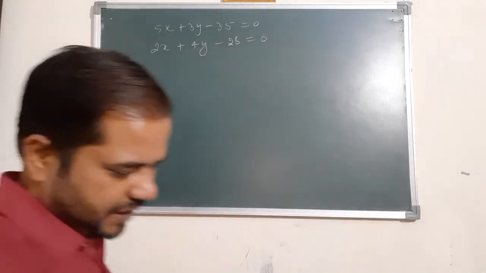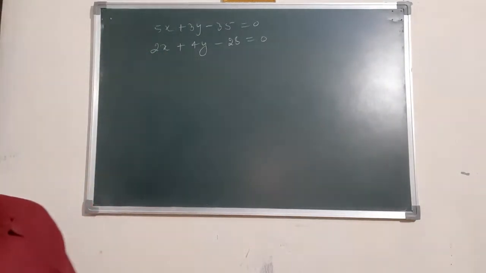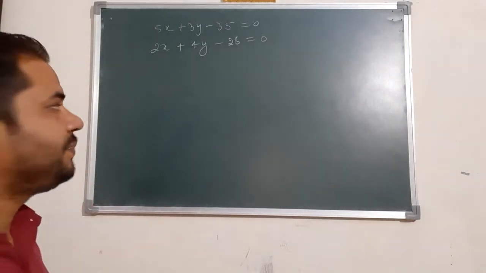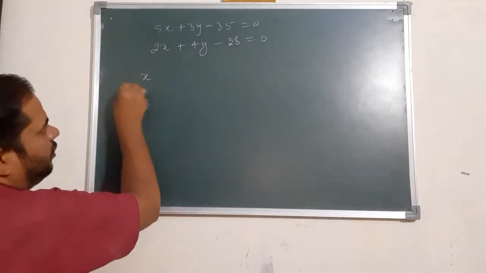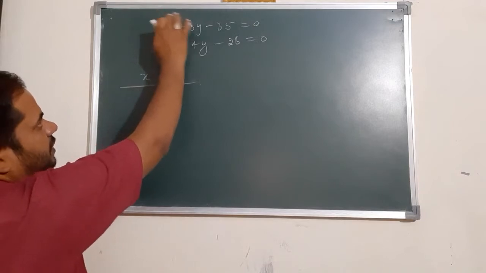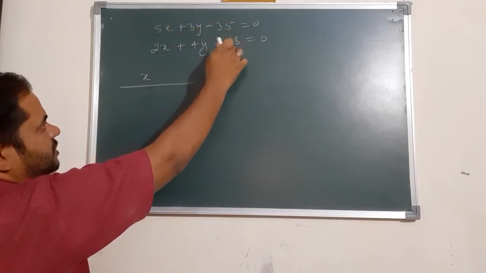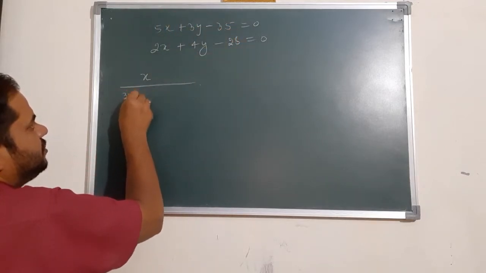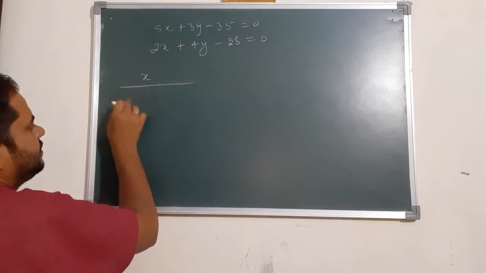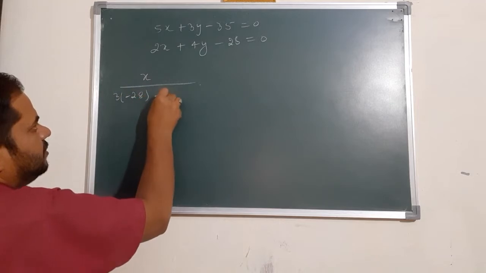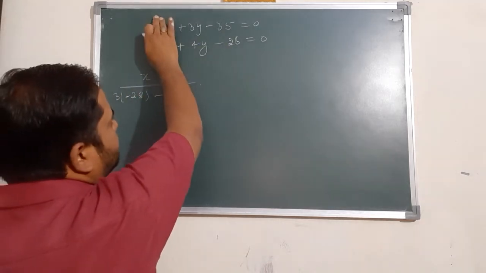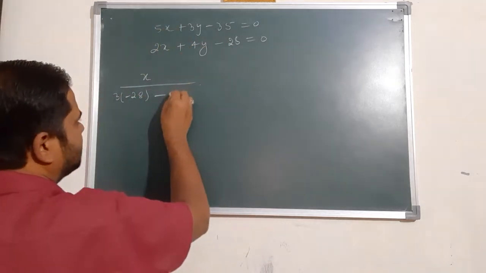Now we can solve it by the cross multiplication method. So x upon, leave this one, then the coefficient 3 into minus 28, 3 into minus 28, minus of 4 into minus 35.